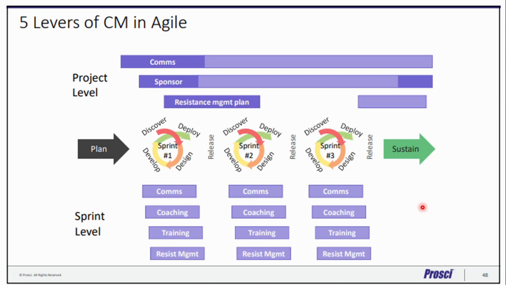And resistance management will also mainly go throughout the project, but at the sprint level also, all four will have their part to play, at each iterative level, like this. Right. So that brings an end to this session.